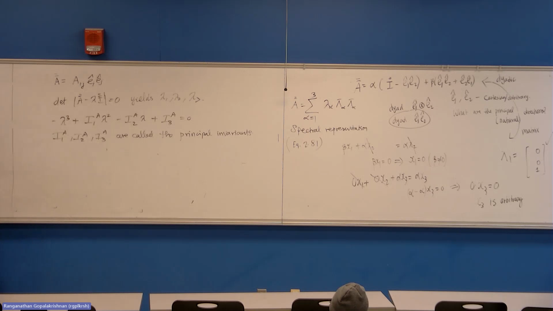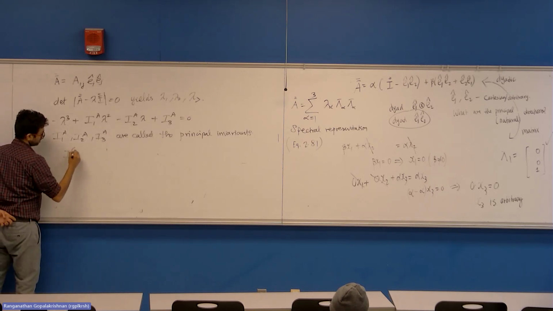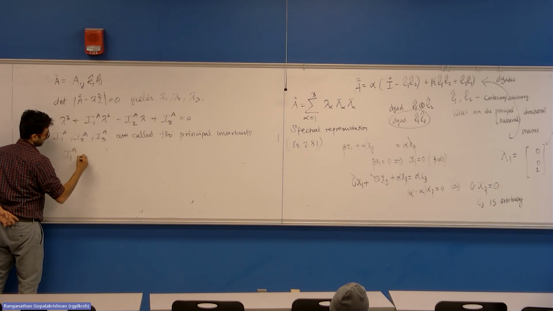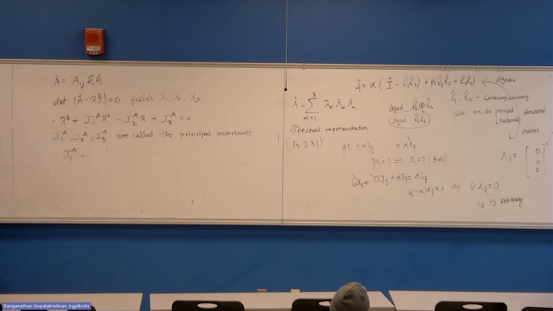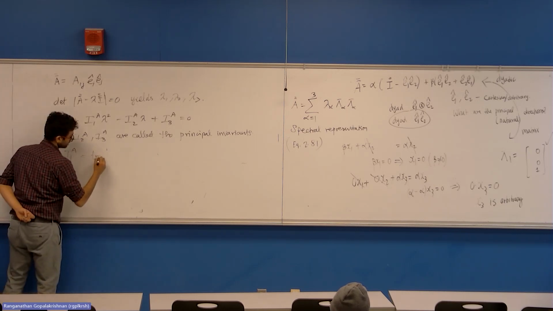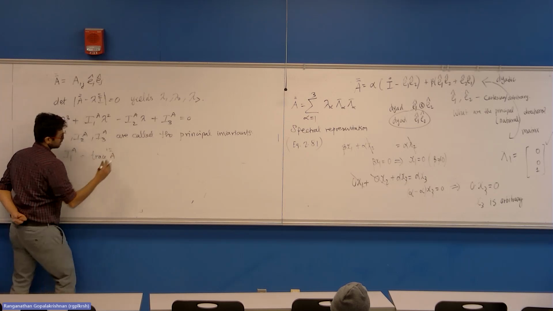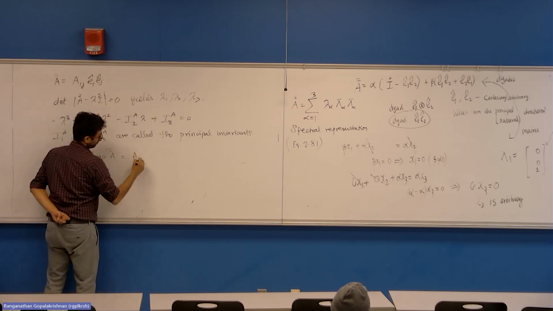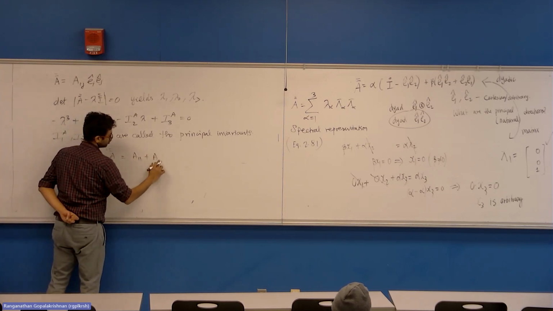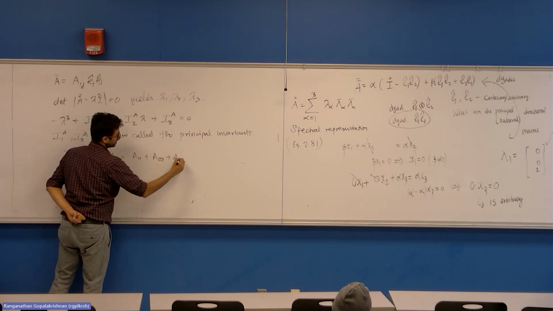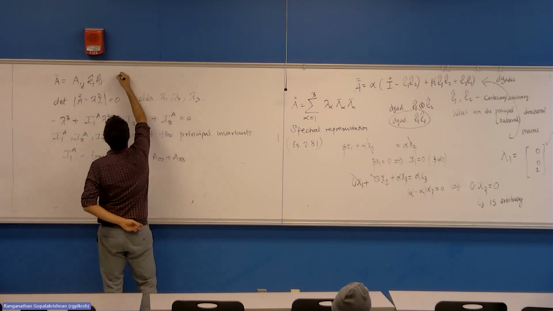I mean, their name is less important, but what is more important is what is I1? I1 of A or I1A is equal to the trace of A. What is trace of A? A11 plus A22 plus A33. That is in the initial representation.